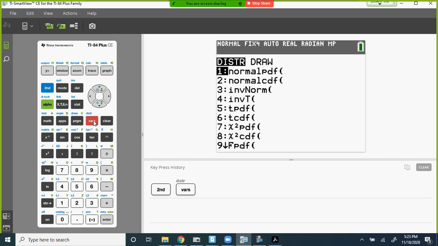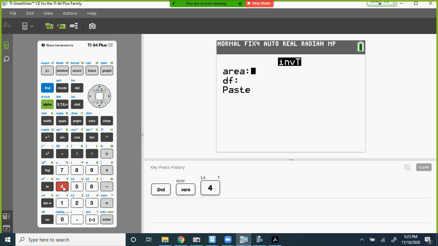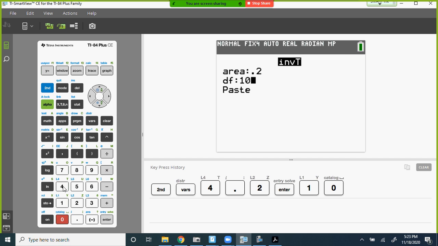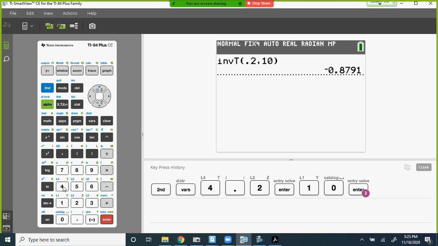So we need number 4, inverse t. The area is 0.2, and we have a degree of freedom of 10. That's all we have to put in there and hit paste, and it brings it to your screen, and then hit enter. And it gives me negative 0.8791.